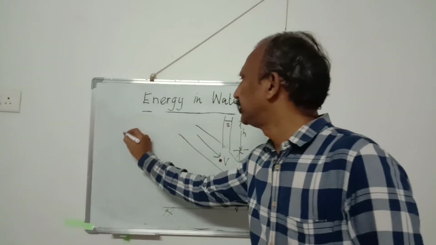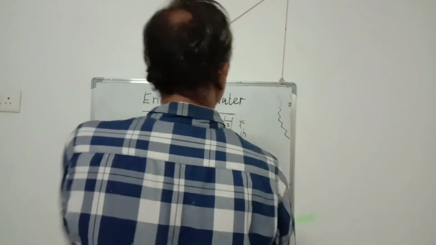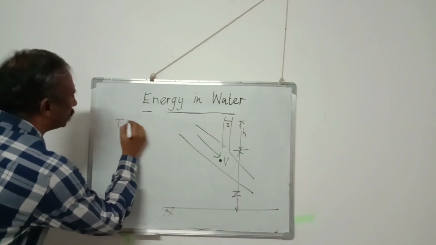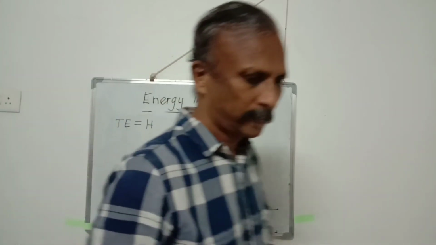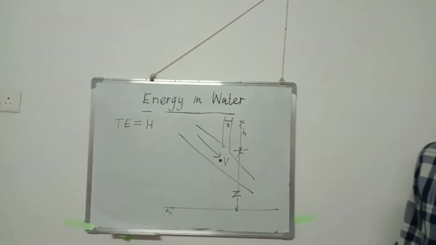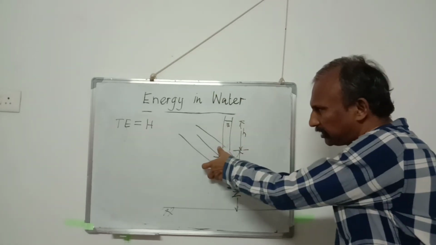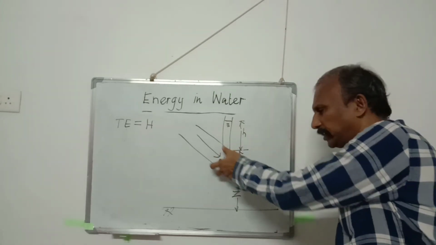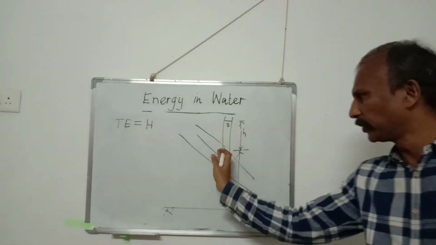So total energy we have denoted with H, and it has three forms of energy. So now we are able to understand that when water is flowing at this place, it is possessing energy. So when it is possessing energy and flowing across this section, energy is also flowing.